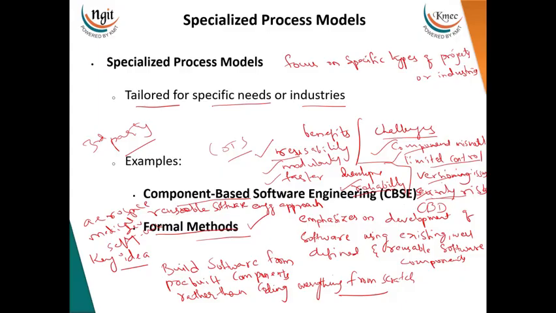If you consider an example, let us take a flight control system, where the airplane must use formal methods to ensure that the system will behave correctly and safely under all sorts of circumstances during its journey from starting to ending, either from the departure to arrival. So those are the places or models where we implement formal methods, which involve the usage of mathematical models to improve the correctness or consistency of a system. Clear? That is about formal methods.